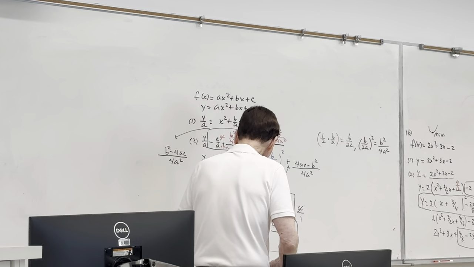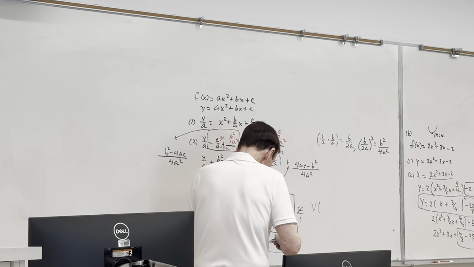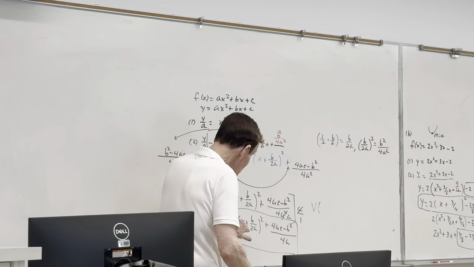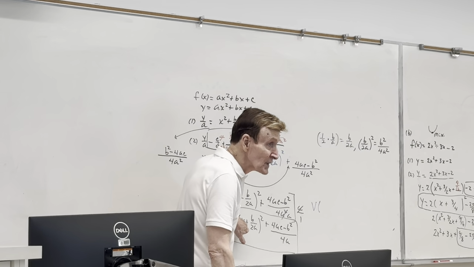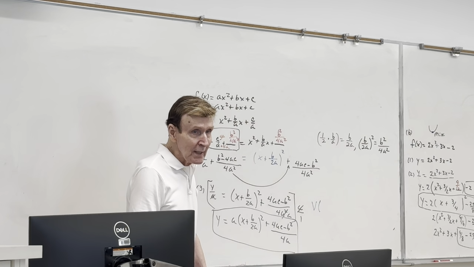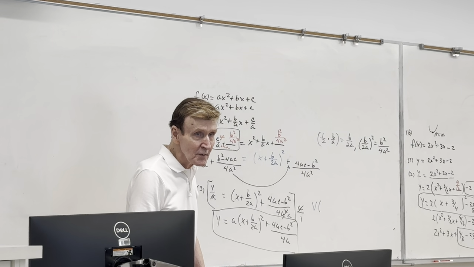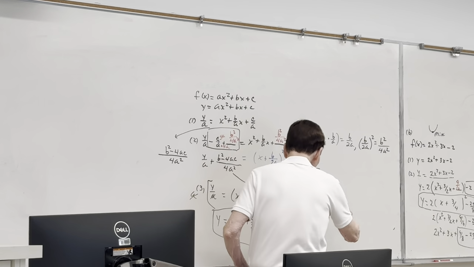Now, can anyone tell me, based on what we've been doing here, if I accept this form, this says I have a horizontal shift to the left, what? B over 2a. The truth, to the left, the best I can say is b over 2a, written like this.